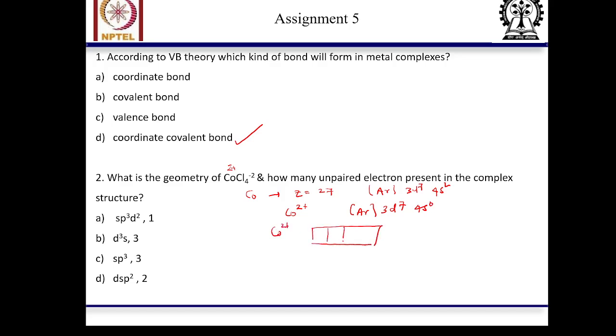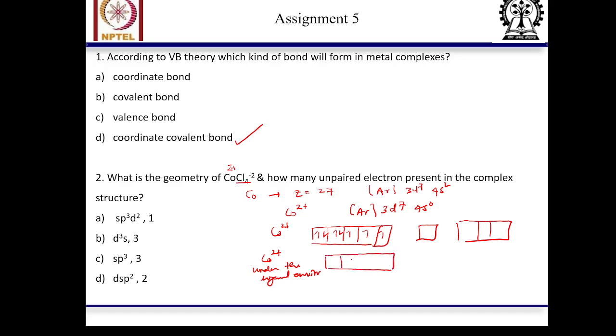Now I will just make all the orbitals. We have 1, 2, 3, 4, 5. This is one rule, and then we pair 7. Now Co2+ under the ligand environment: because Cl minus is a weak field ligand, no pairing will happen, so it will be as such. We have this 3d, this is 4s, this is 4p.